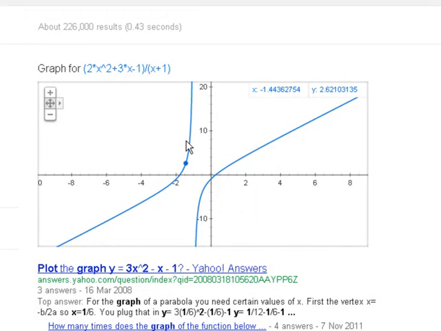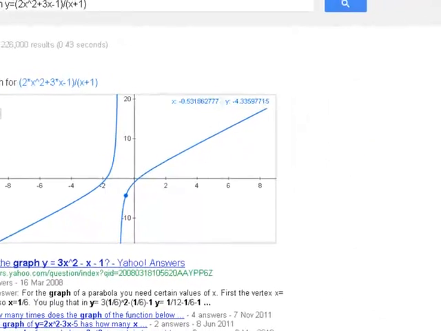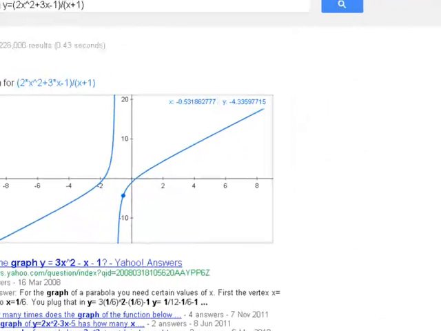You can see very clearly the vertical asymptote and the oblique asymptote. Okay, it's very clear there. So it kind of looks like mine. Not as nice though.